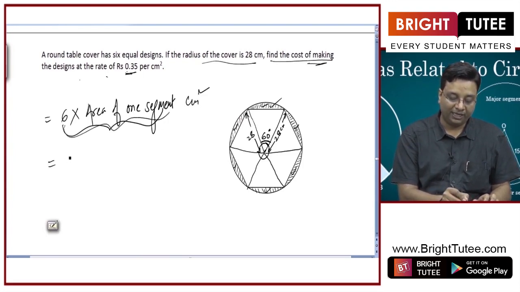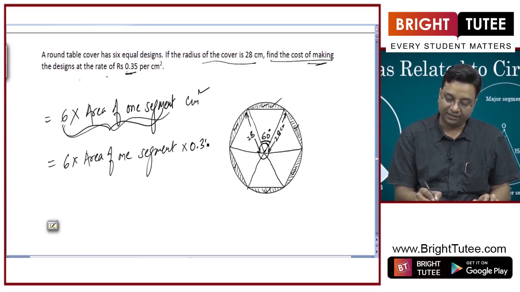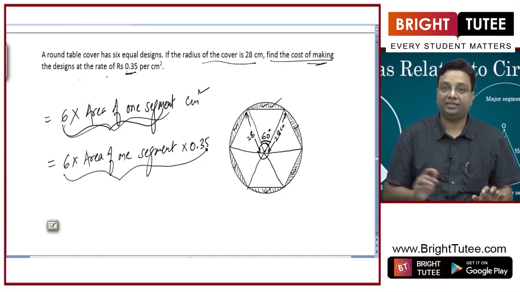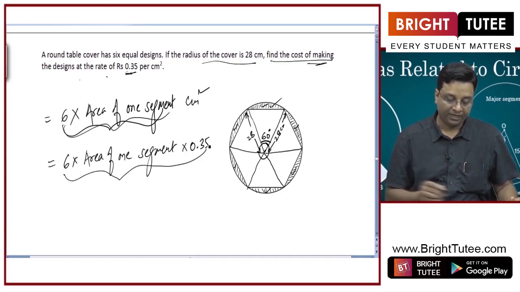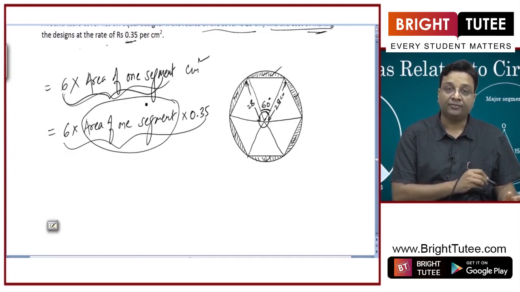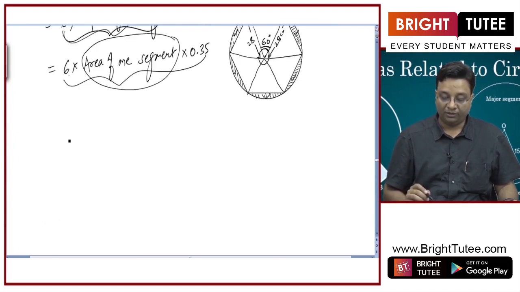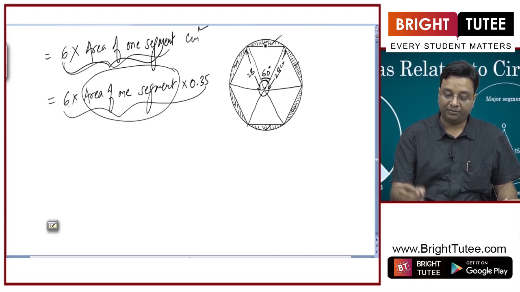We will just multiply this area, 6 into area of one segment, by this rate 0.35, and this will give me the cost of making these designs, total cost, in rupees. So the only challenge in this question is to find the area of one segment, and then the multiplication part is left. So how will you calculate the area of one segment here?